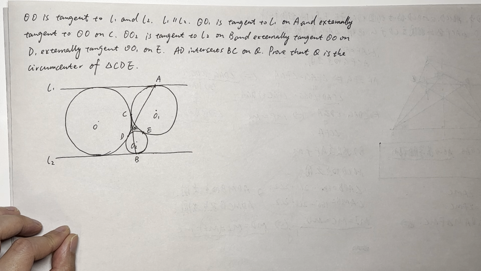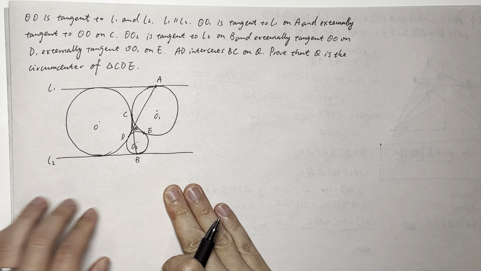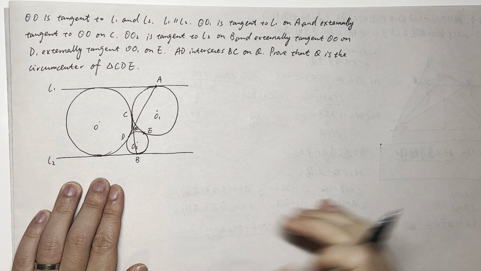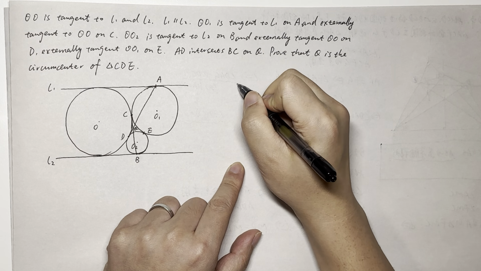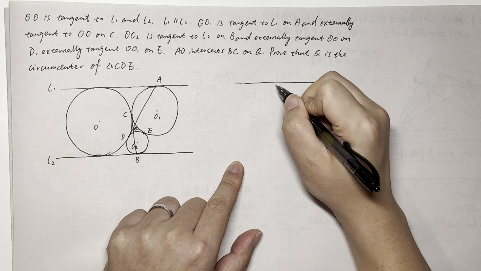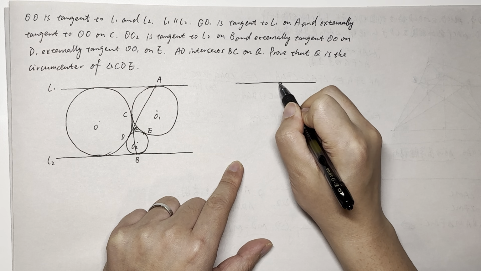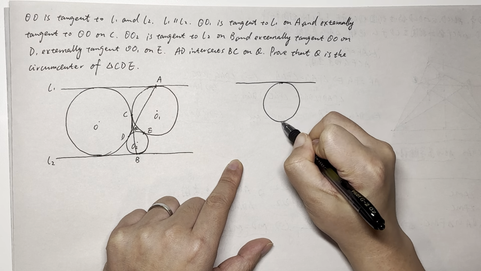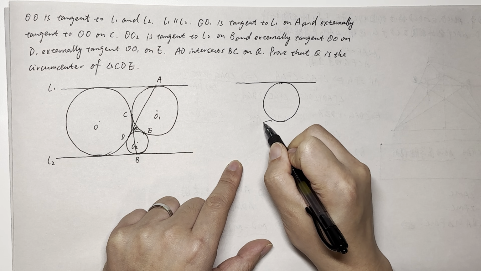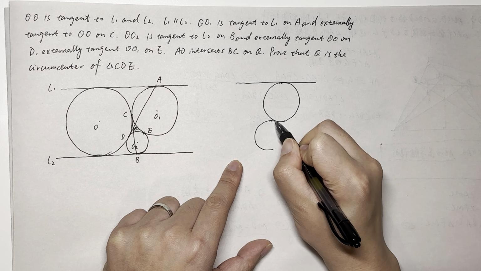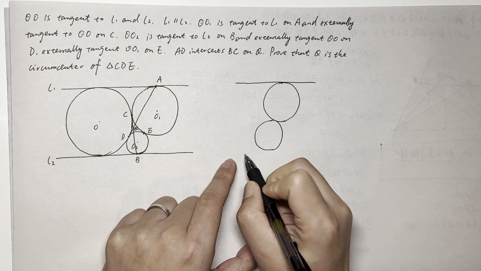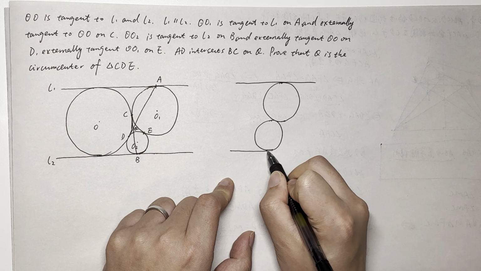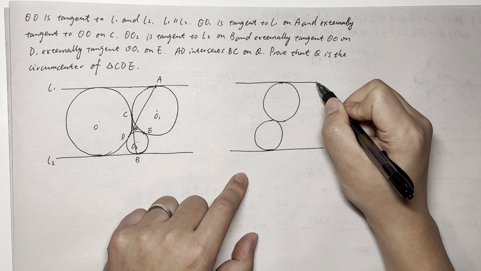So before we learn about the solution of this problem, we need to look at the case where we have two circles that are tangent to each other and tangent to two parallel lines, right?